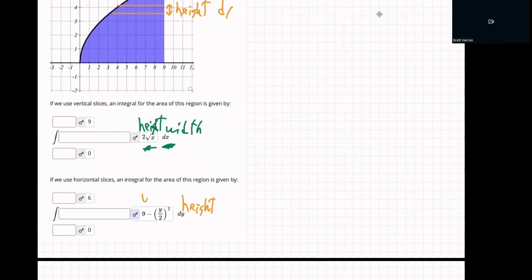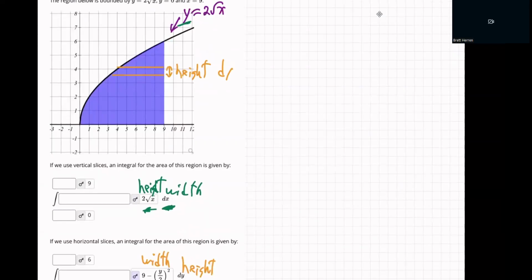Okay, but the question is, why is this the width? Well, let me help with that. So the width, well, we put it right in the middle, is right there. There we go, that's better.